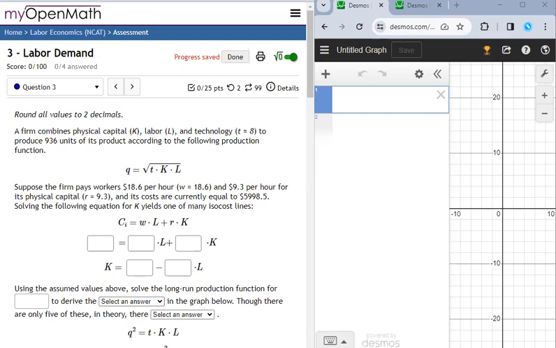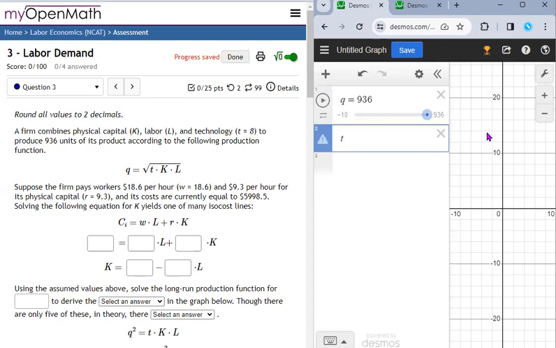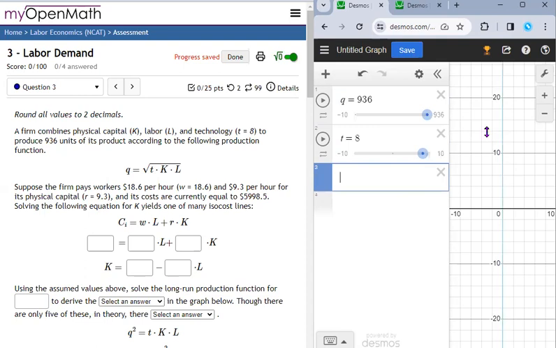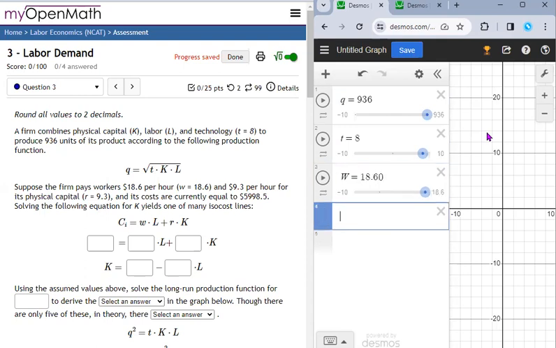Okay. Now, suppose a firm pays workers $18.60 per hour. So W is $18.60. I'm going to start recording these values right here. So output is going to be equal to 936. Technology is equal to 8. The wage that is paid to the workers is $18.60 an hour.